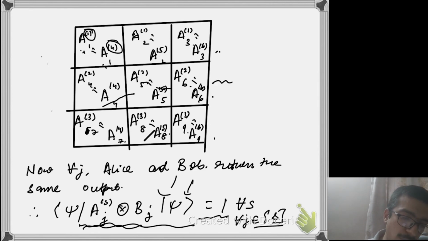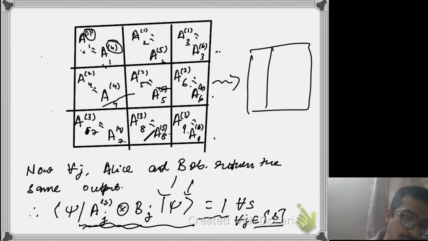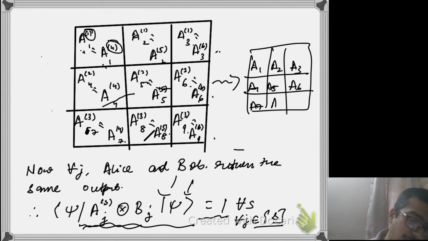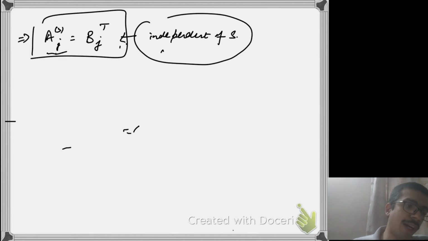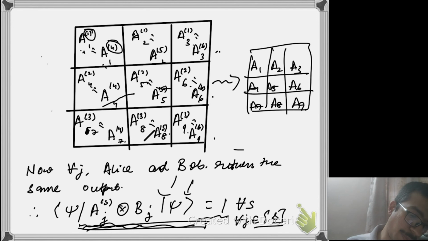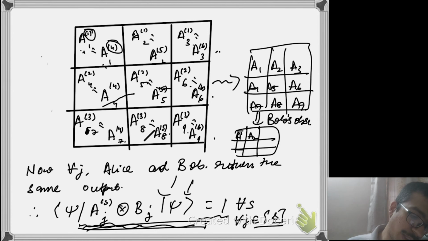So actually I could have denoted Alice's set of observables by just A1, A2, A3, A4, A5, A6 and A7, A8, A9. But to justify why we can do this, we have to look at the lemma which we did in the last lecture. And if I make this assumption on Alice's set of observables, this also automatically gives me Bob's observables as A1 transpose, A2 transpose, A3 transpose and so on.